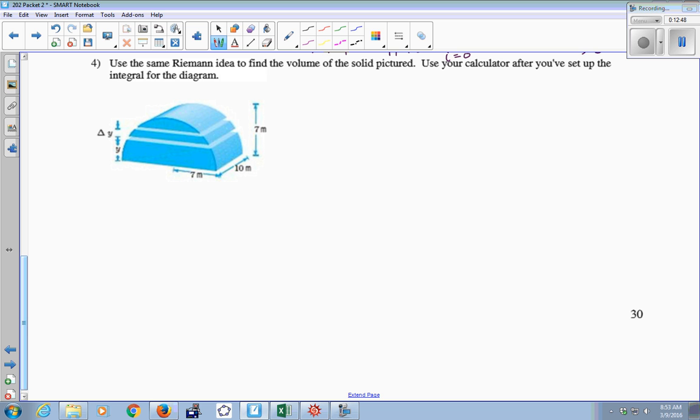All right, so this is some sort of semicircle base solid. If I want to find the volume of this thing, I'm going to slice it up into slabs.